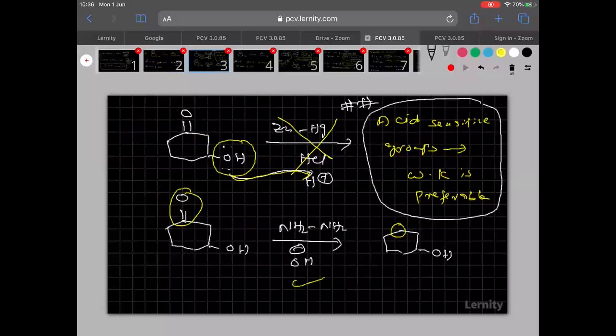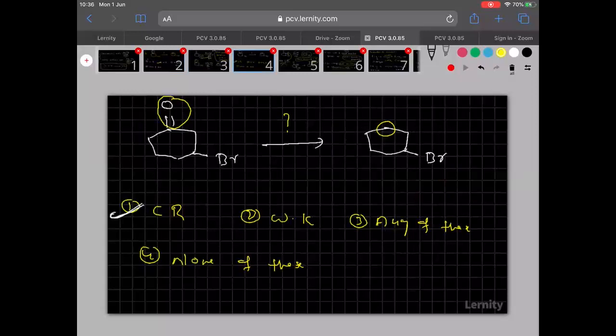Next, third one. And this is the fourth one.